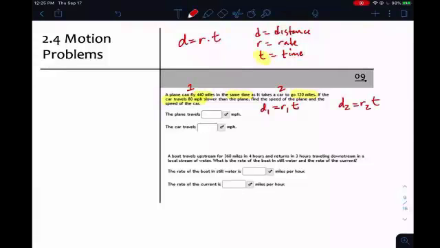Notice I established that the time is the same, so I'm going to label both of those just t, but I use subscripts for each of the other variables. I know that my distance for the plane is 440, my rate for the plane is r, or I'll call this r1, and my time for the plane is t.